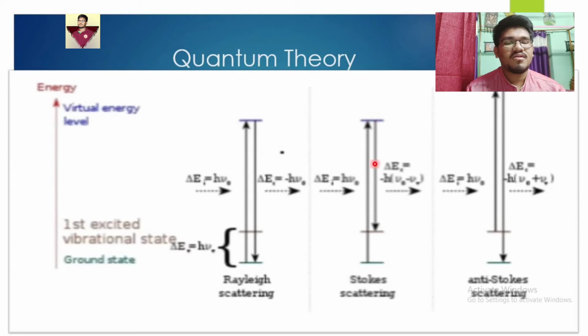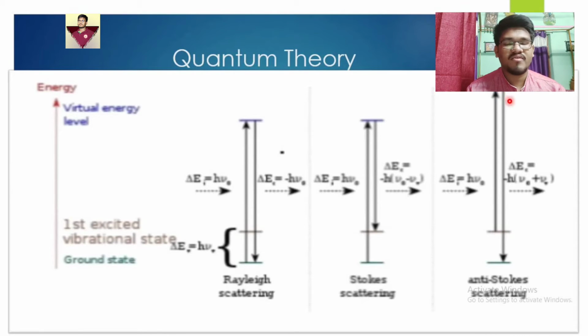So in case of Stokes scattering, it is happening from the ground state. So there is many more molecules which will be excited to the virtual energy level and then come back to the first vibrational state. But in the case of anti-Stokes scattering, the molecules are getting excited from a first excited vibrational state. So Maxwell-Boltzmann distribution says like n equal to n0 e to the power minus Ei by kBT, Ei some particular energy level.